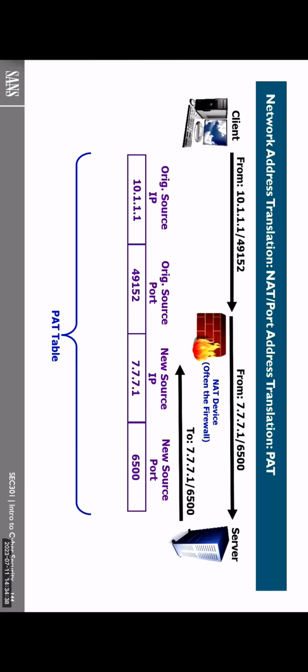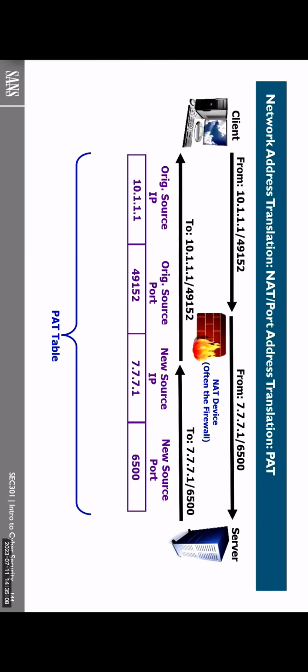So it takes that information out of the table, replaces its IP address with my original IP address, replaces its port number with my original port number, and sends it back to me. The whole process is transparent to me as a user. I don't see any of that. I'm just communicating out to the internet using my internal IP address, and they're sending packets right back to me. I don't see that this is going on unless I actually look.